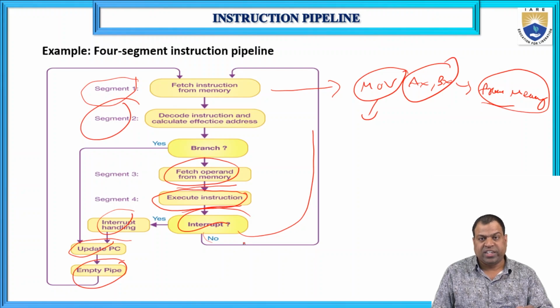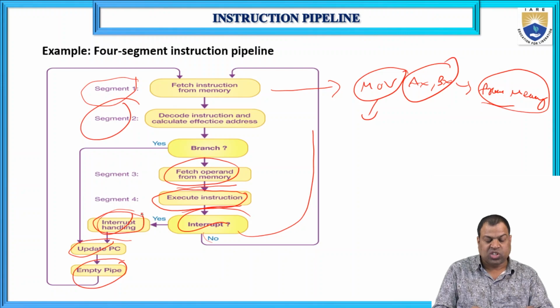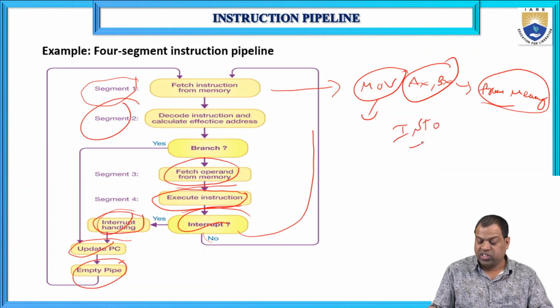If there is any interrupt, it goes to interrupt handling. Which type of interrupt is there, and we give priority to this interrupt: INT 0, INT 1, INT 2, or INT 3. Which interrupt do we give to this instruction?